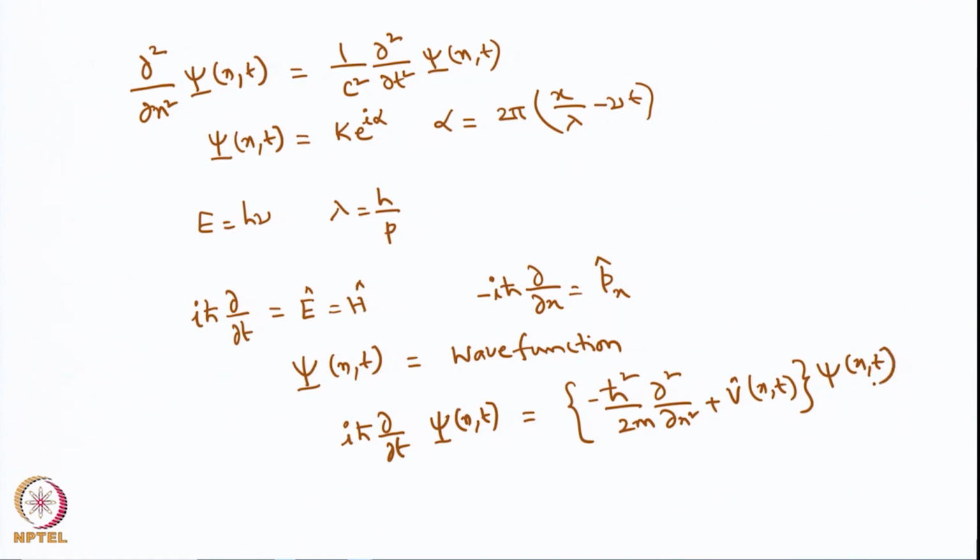Therefore, the time dependence of the wave function psi of x comma t will depend on the Hamiltonian in question, and this is called the Hamiltonian operator H.